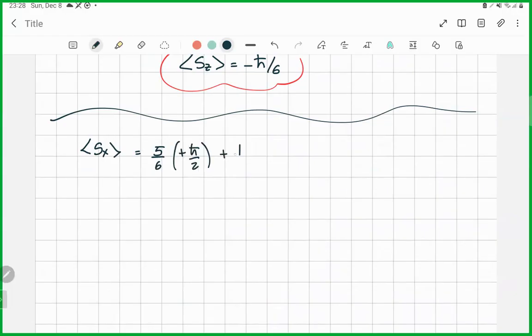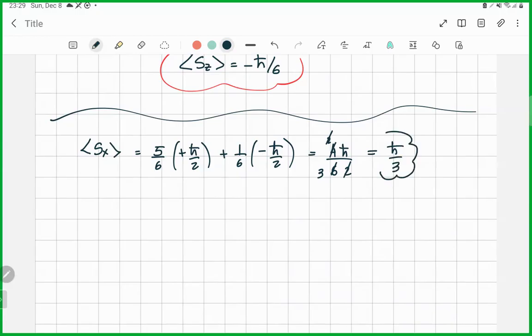We have 1 over 6 to get minus H bar over 2, right? And now, if we solve that, 5 minus 1 gives us 4. So we get 4 H bar. And here below we have 6 and 2. So we have 2 and we have 3. So at the end, H bar over 3.